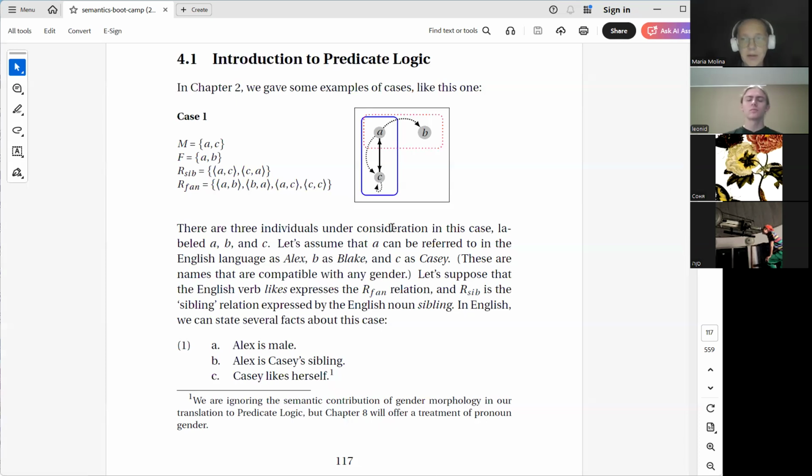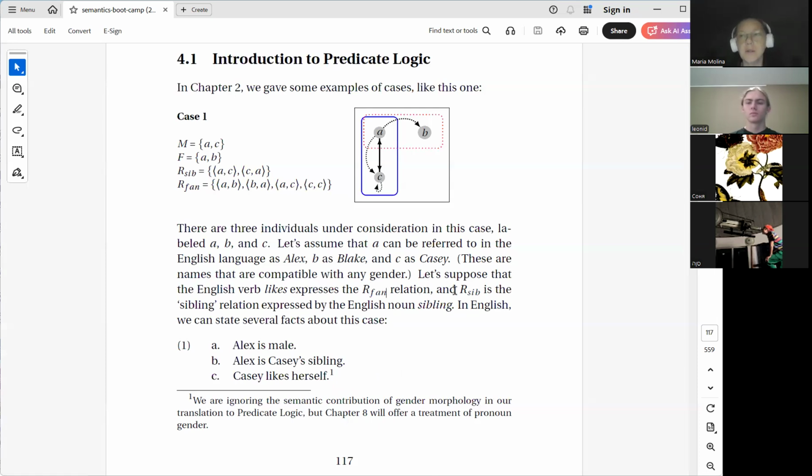And let's suppose that if we want to talk about liking, I like you, we express it as a relation R fan.